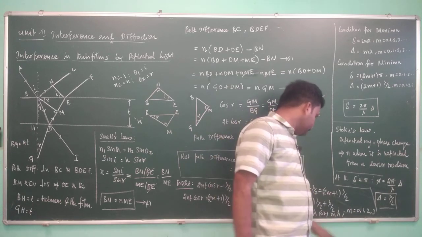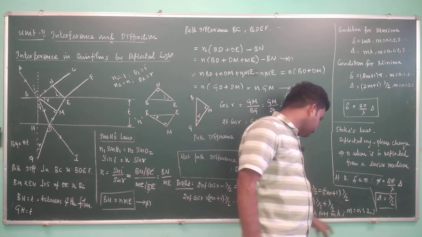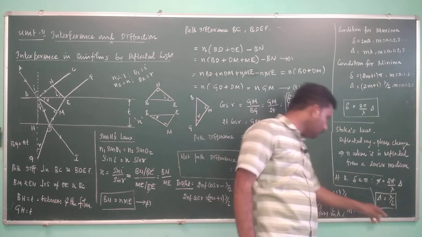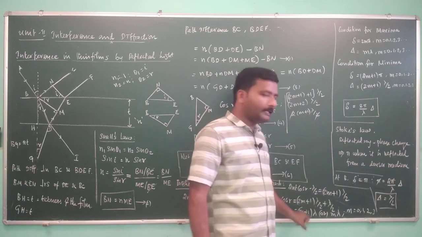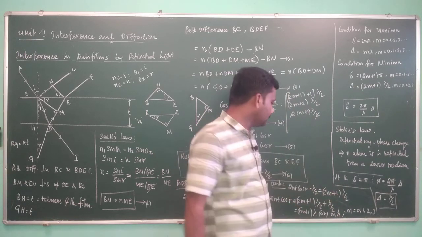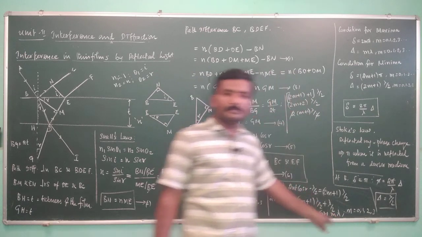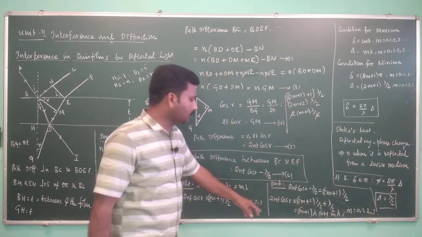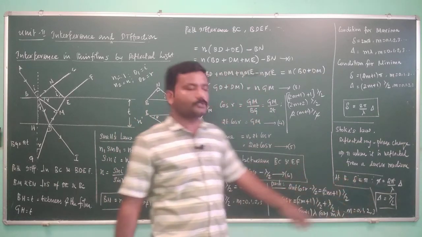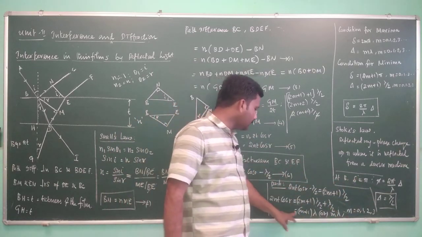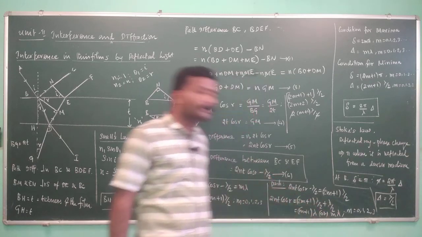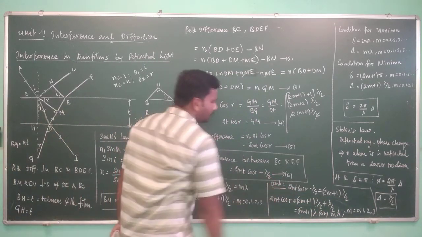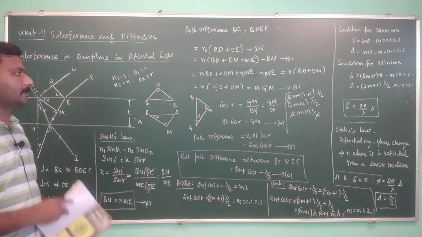If you apply m from 0 to 3, you will get lambda, 2 lambda, 3 lambda, 4 lambda. If it is m lambda, we will get 0 lambda, 1 lambda, 2 lambda, 3 lambda. So in both cases we will have 1 lambda, 2 lambda, 3 lambda, so you can write 2nt cos r is equal to either m plus 1 lambda or m lambda. In these two cases the film appears dark.